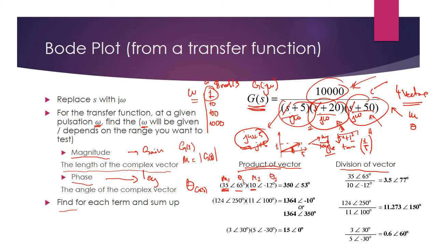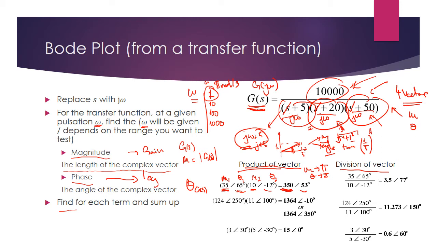The product of these two vectors, basically, is the product of the magnitudes, 35 multiplied by 10 becomes 350. As for the angle, it is the sum of the angles. So the sum is 65 plus minus 12, it becomes 65 minus 12, 53.